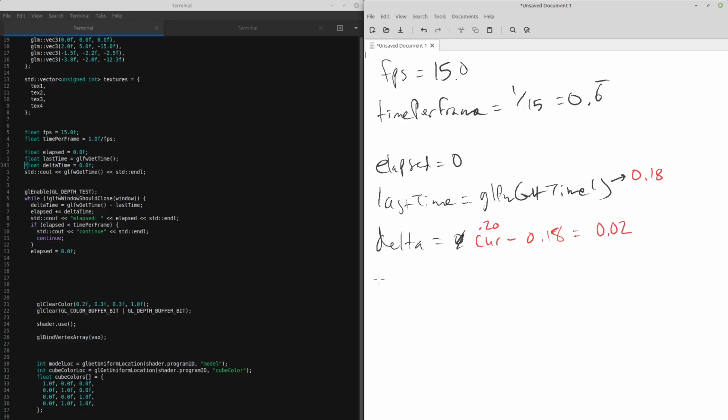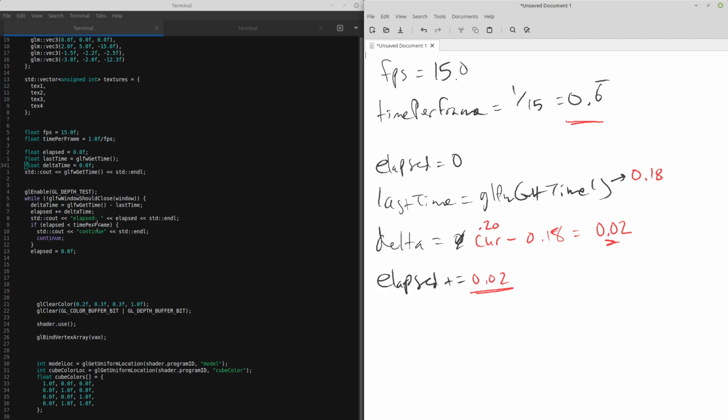Cool. Our elapsed is going to have this value added to it. So we're now at 0.02 because it was 0 before. And then we're going to check, is the elapsed time less than the desired time per frame? Yes, it is. So the idea is we're not doing any of the drawing stuff, you would think.